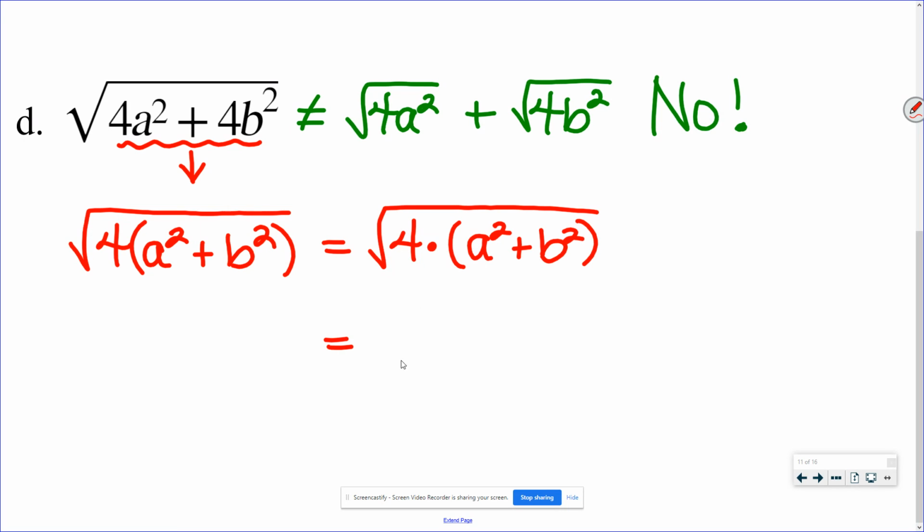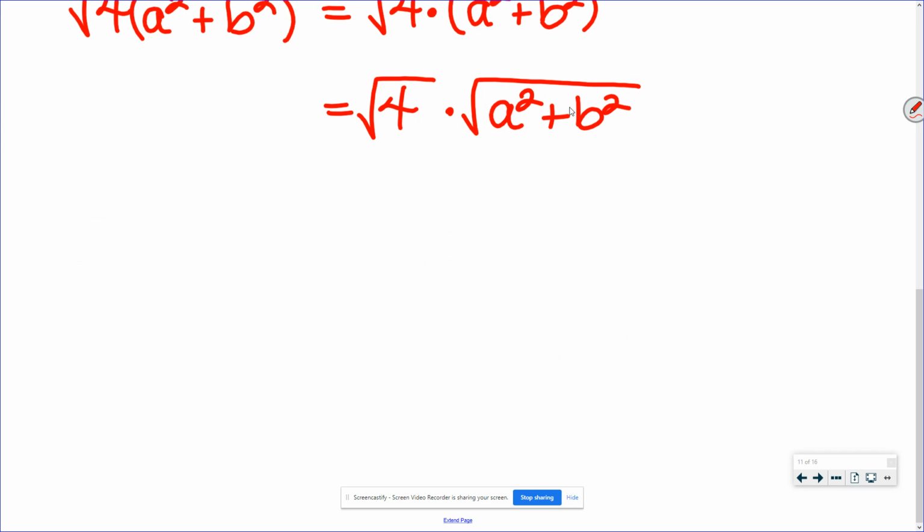And now that you have a multiplication sign separating everything in your problem, you are then allowed to apply the multiplication property, like so. And remember, you can't do anything with the addition part over here. You can simplify your first radical because square root of 4 is equal to 2. So the best you could do to simplify this is make it 2 radical a squared plus b squared.